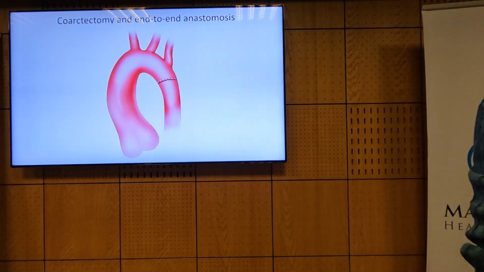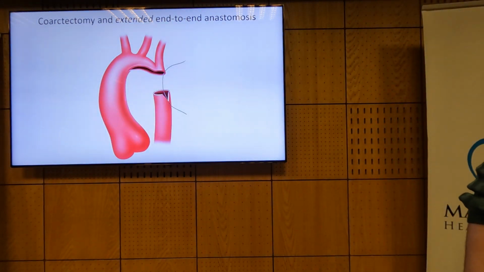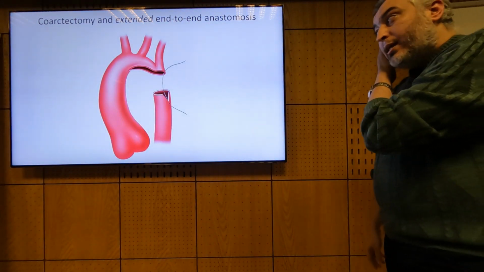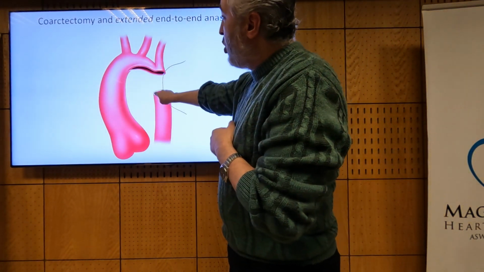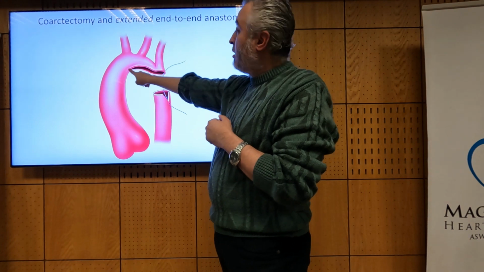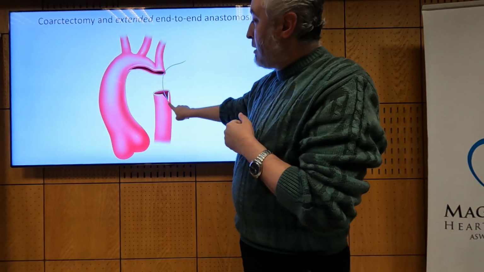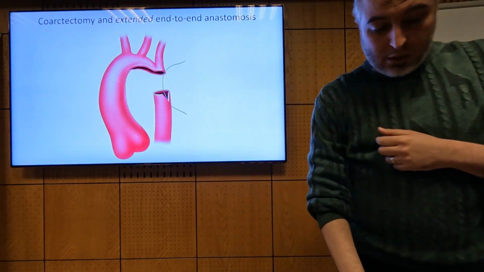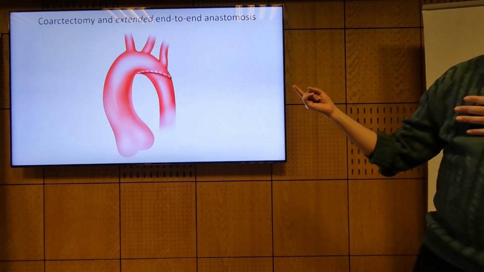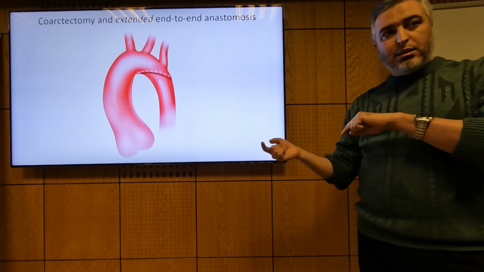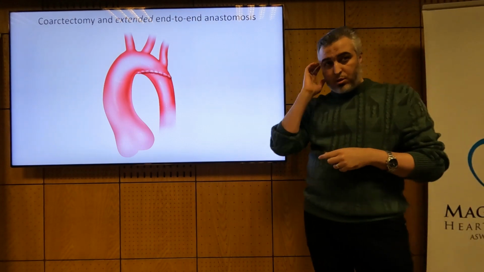And then you get a really wide opening, like that. And then you start getting this part of the descending all the way into there. And that part of the arch here, to end up with a configuration like this. So we call this coarctectomy with extended end-to-end anastomosis.